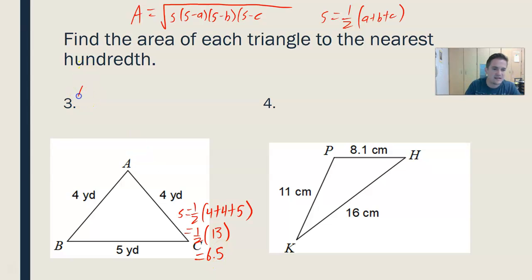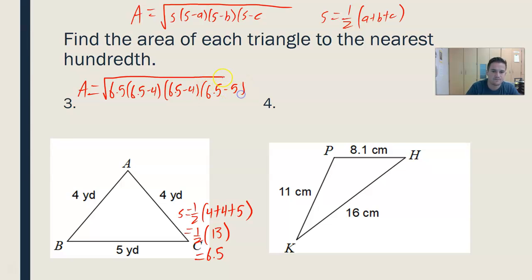So then putting that into my big area formula, I get the square root of 6.5 times 6.5 minus 4 times 6.5 minus 4 times 6.5 minus 5. That's my area formula. So you can plug that straight into your calculator.